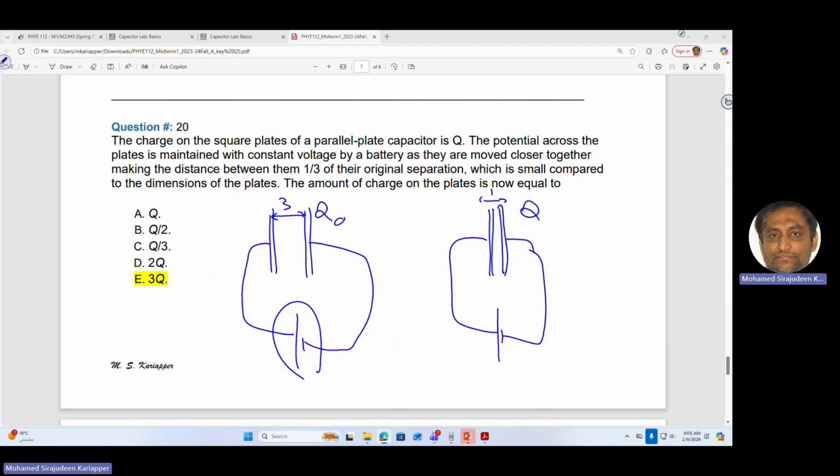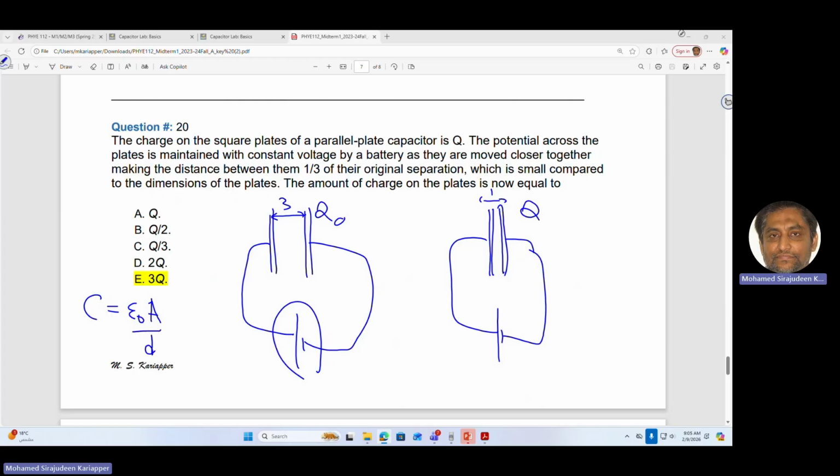When you decrease the capacitor distance, the capacitance will increase, because capacitance is given by epsilon 0 A divided by D. It's air between the plates, no dielectric, so there is no kappa.